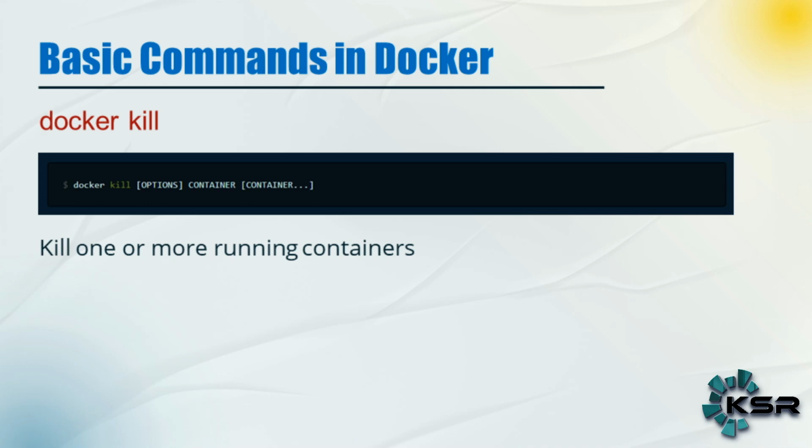Docker kill is used to kill containers by stopping their execution immediately. Let's say a Docker container has been executing all along; when we give the docker kill option, it kills the running container which is executing now. So this is docker kill.